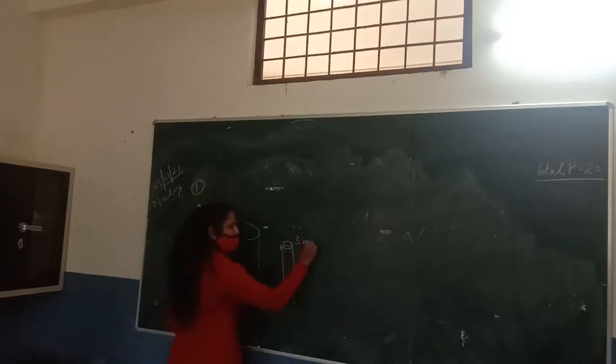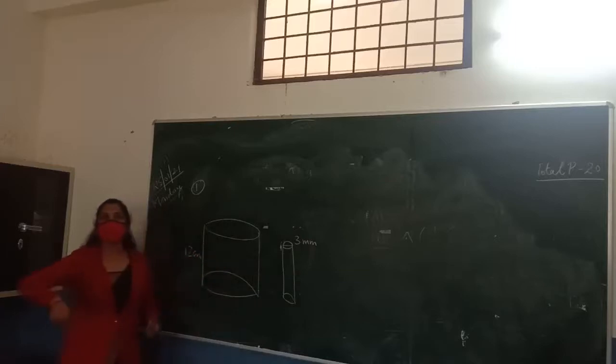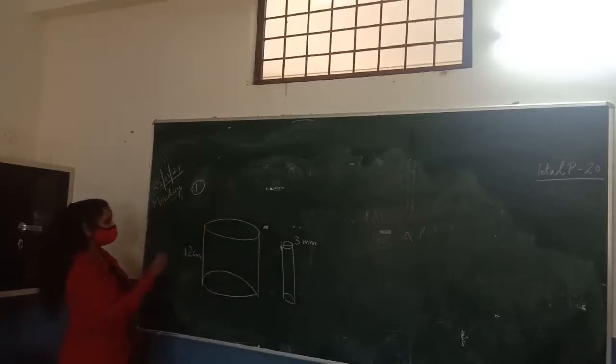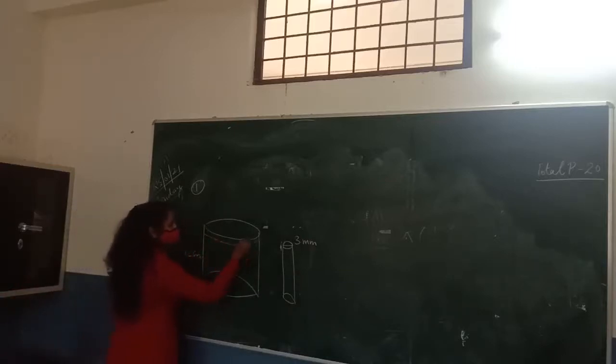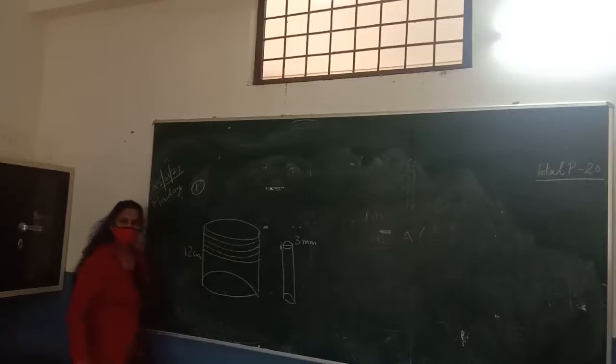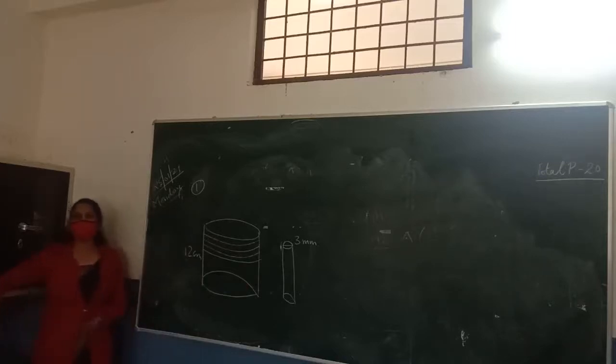Now we are going to wind this wire around this cylinder like this. So can you imagine how we can find the number of turns here? If we are winding this wire around this cylinder, how can we find the number of turns it will take from top to bottom?